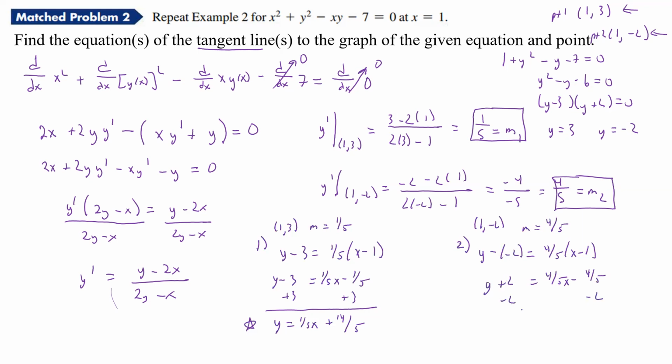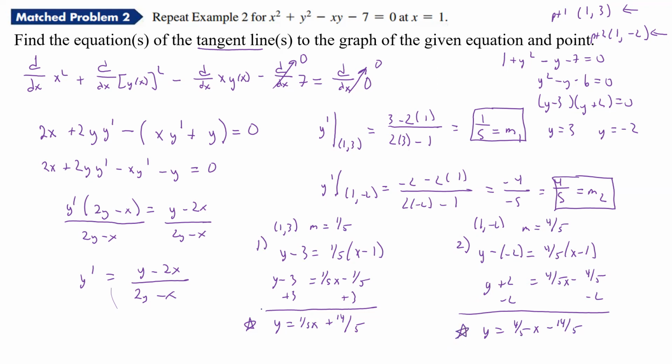Now if we subtract 2, we get y equals 4/5 x, and here we have a minus 10 over 5 and minus 4 over 5, so it's going to be a minus 14 over 5. And so that's going to be our second equation.